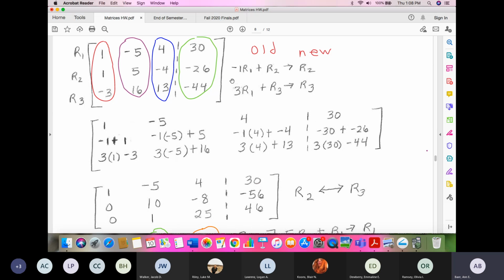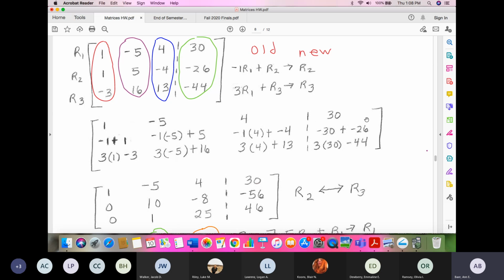Oh, before I forget, what do we copy over? We like that the 1's already here. We just copy this over. We're not putting anything in row 1 in the new matrix over here, so that just means you copy it over. 1, -5, 4, 30.